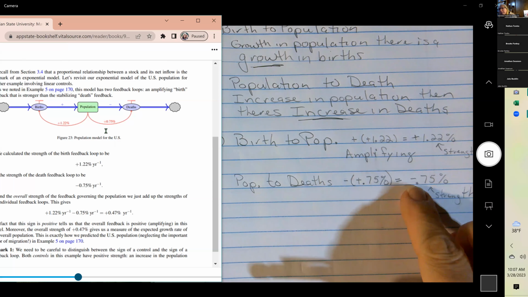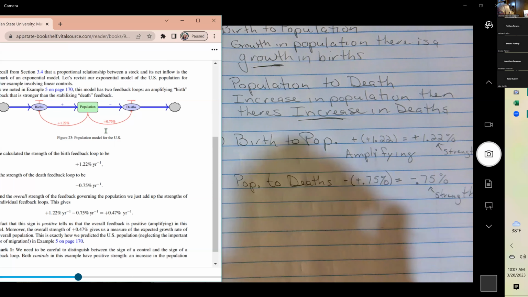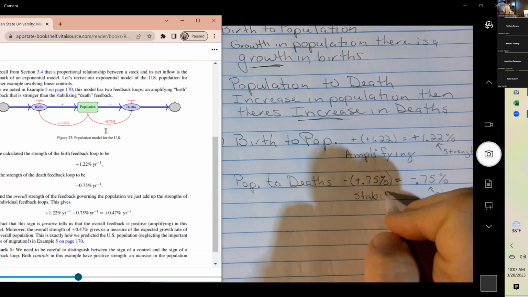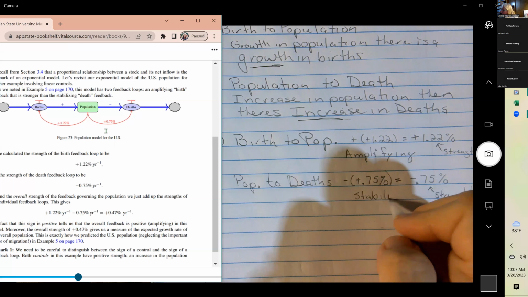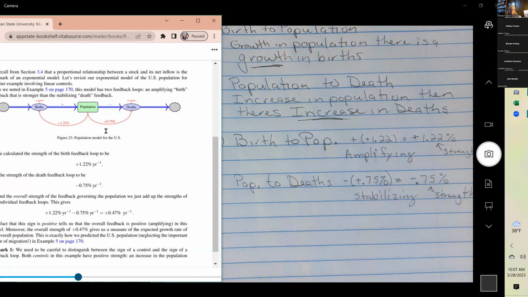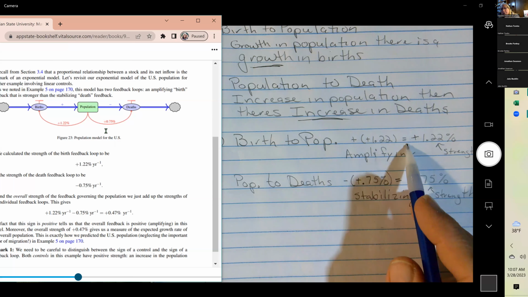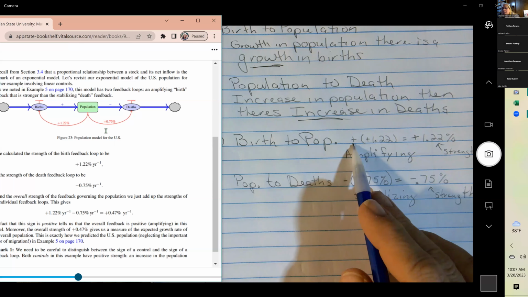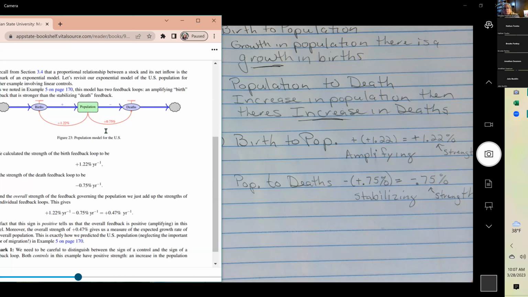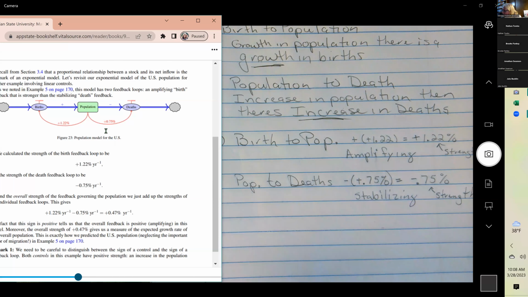When it's negative, it's stabilizing. So the negative is stabilizing, the positive is amplifying. You multiply the two together. Any questions on that part?